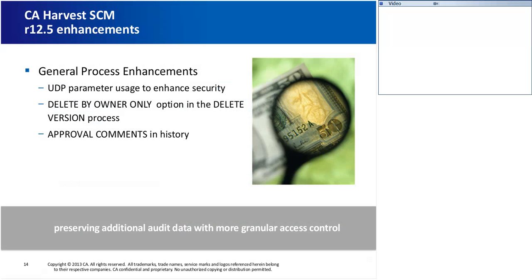And under general process enhancements, we've made some modifications to the UDP parameters, the usage of parameters. We've added an option in the delete version process, delete by owner only, and we've also put the approval comments in the package history.